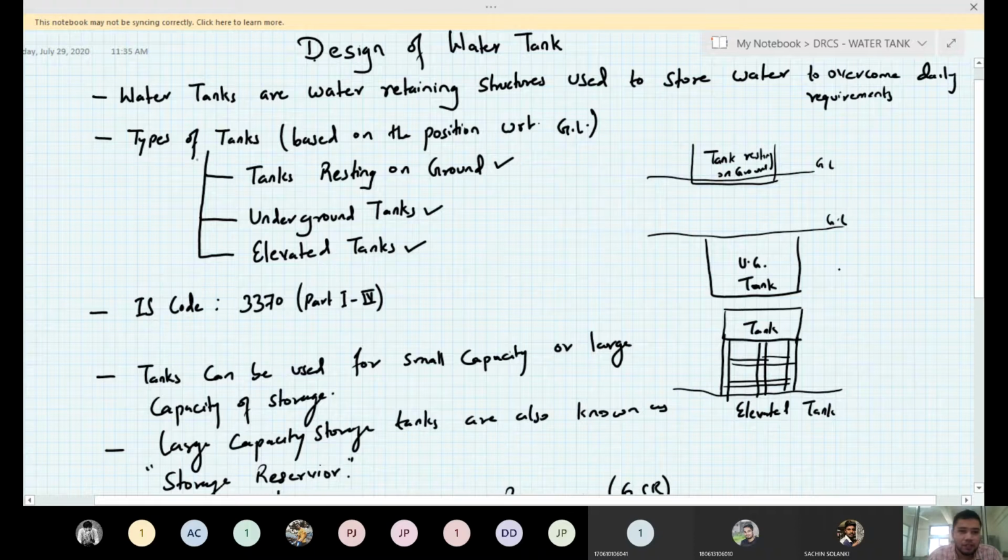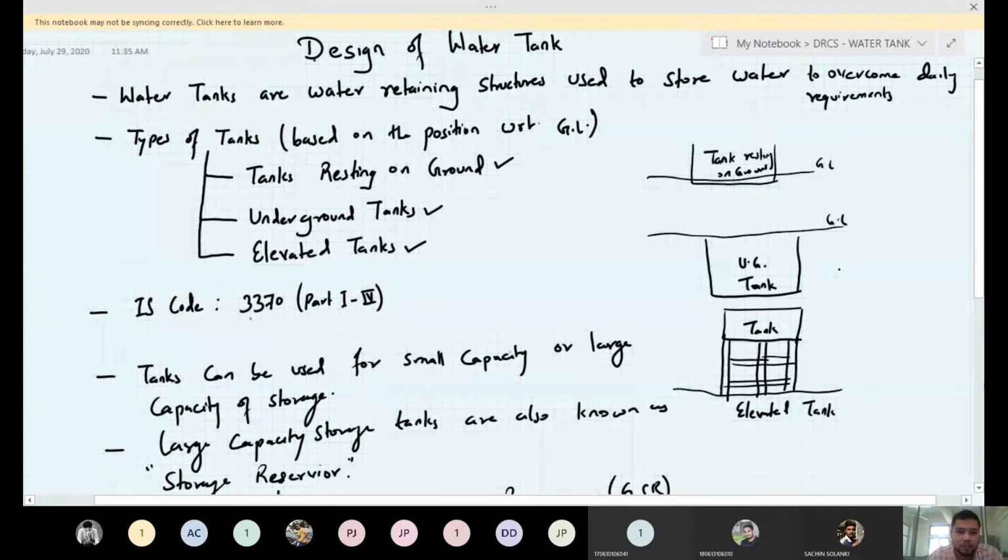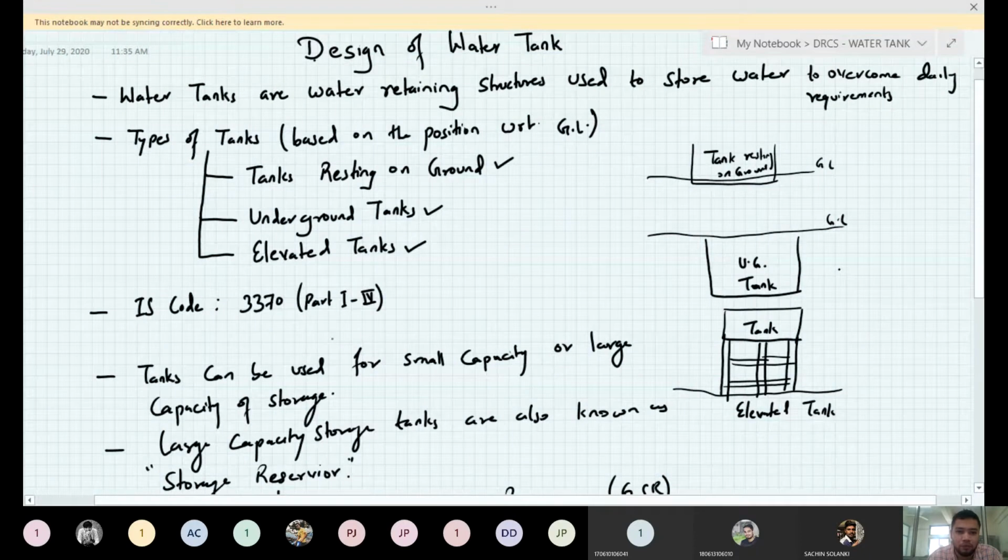Then we have seen the types of water tank, that is tanks resting on the ground, underground tanks, and elevated tanks. Then we have seen the IS code to be referred for design of water retaining structures is IS 3370, part 1 to 4.